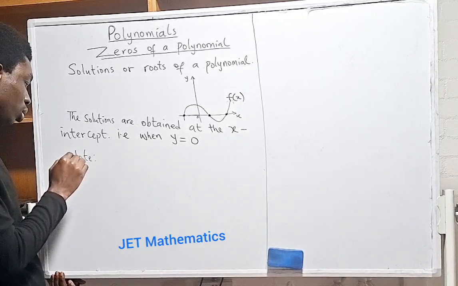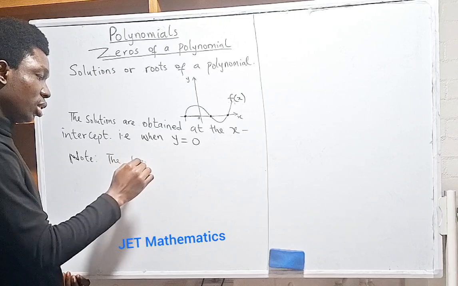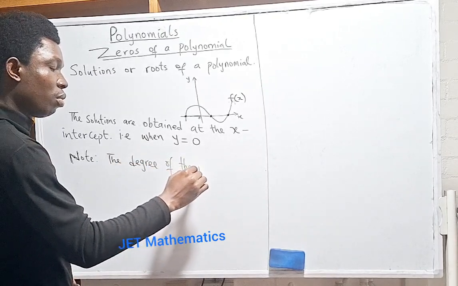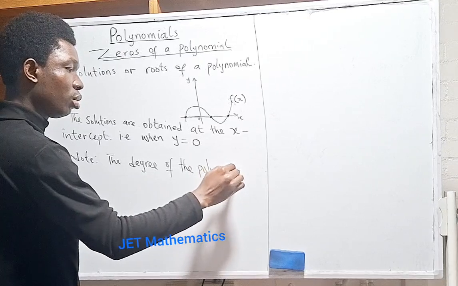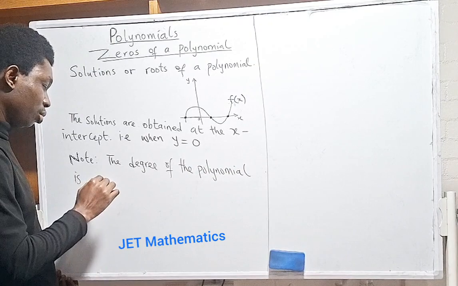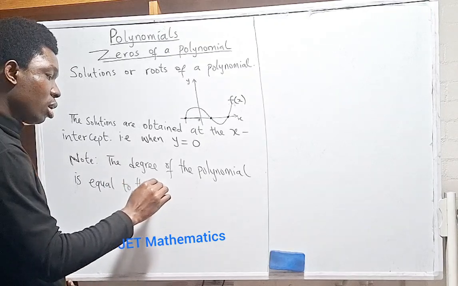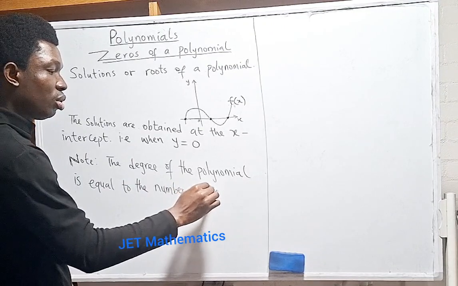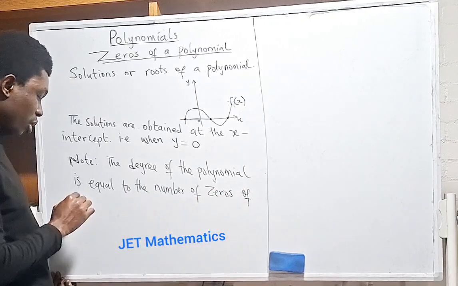Note: the degree of the polynomial is equal to the number of zeros of the polynomial.